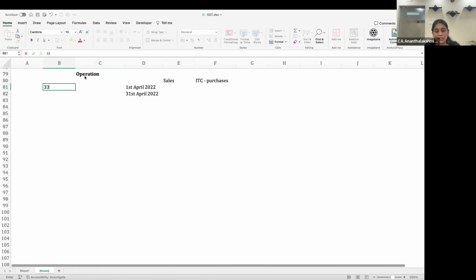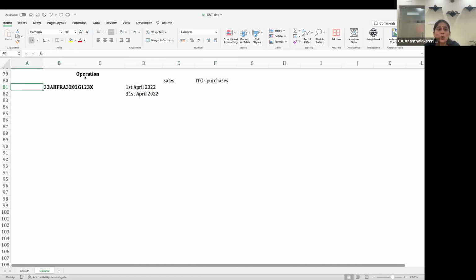For example, 33. I'm just giving a random example. So the earlier GST number is this number. Within this period, you will be making the purchases only with this GSTN number.